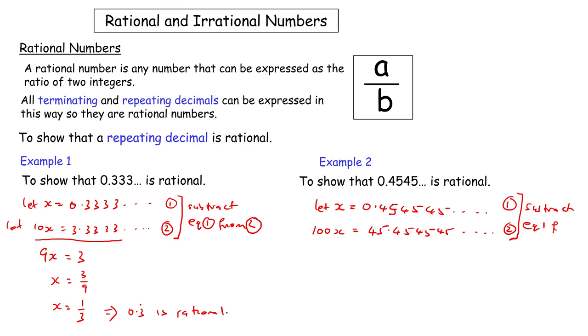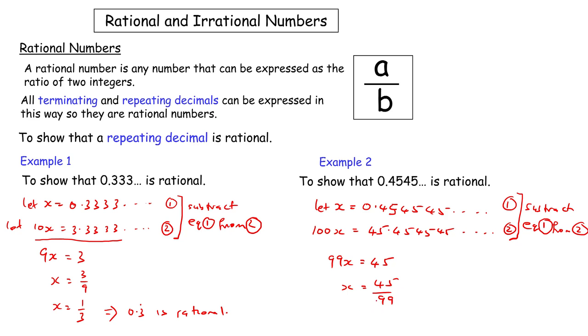Equation 1 from 2. Much the same effect. 100x take away x gives me 99x, which is equal to 45.45 recurring minus 0.45, which gives me 45. So x is going to be equal to 45 divided by 99.